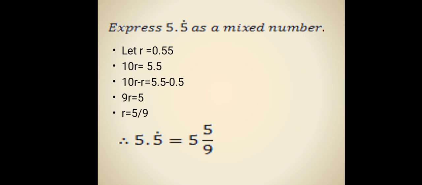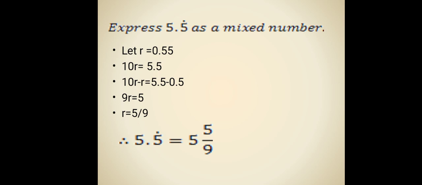Express 5.5 recurring as a mixed number. Now, here we can say let R be 0.5 recurring and then 10R is 5.5. So 10R minus R, you get 5.5 minus 0.5.